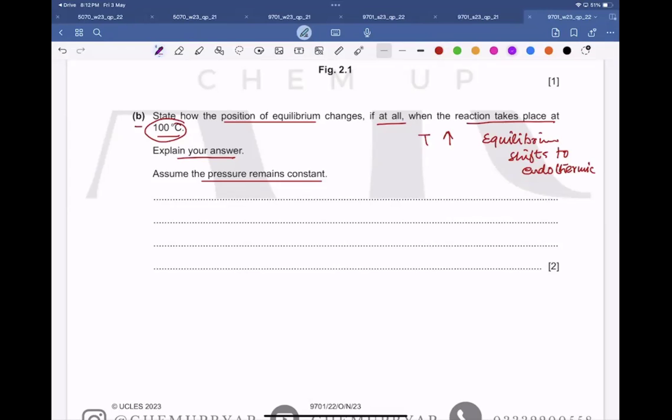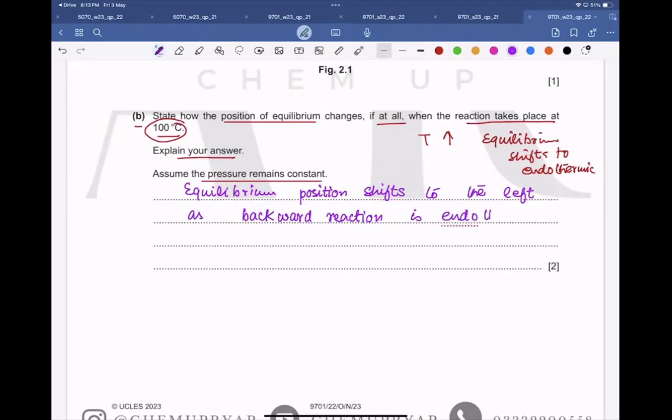Okay. So here, the equilibrium position shifts to the left, or backward, as the forward reaction is exothermic, or you can write that the backward reaction is endothermic.